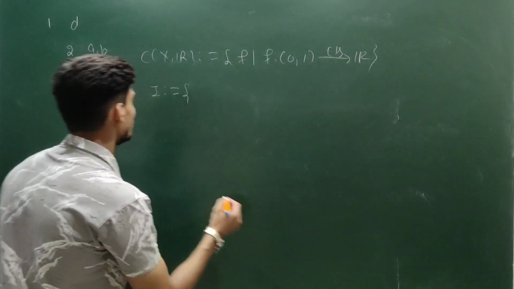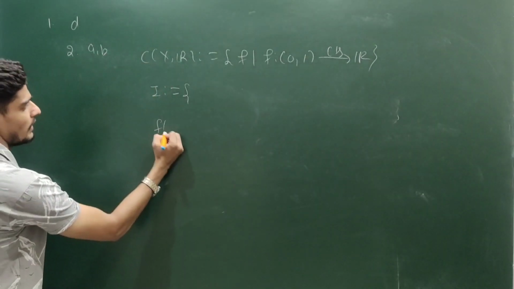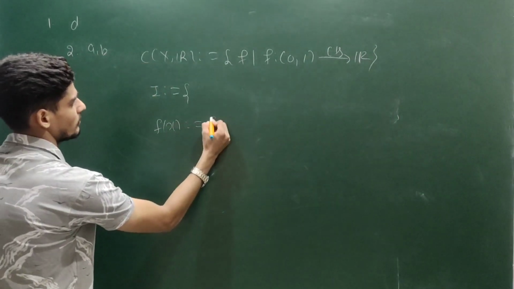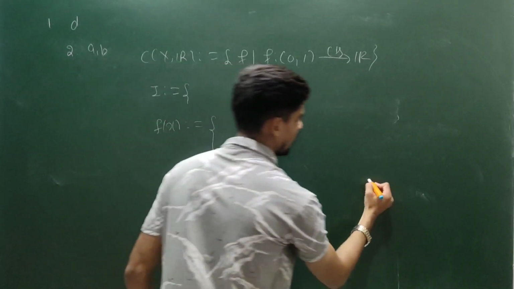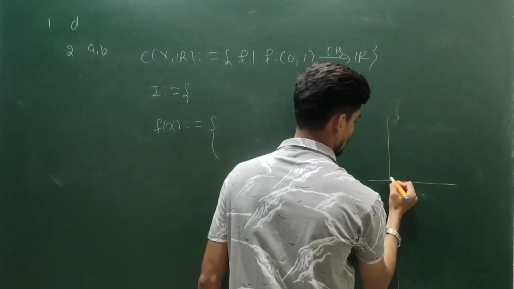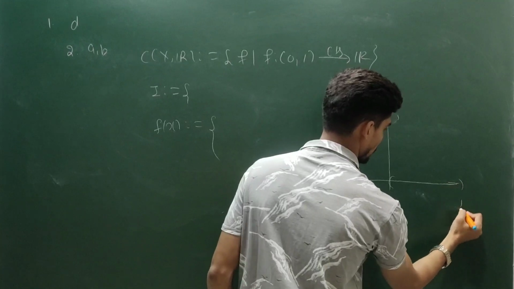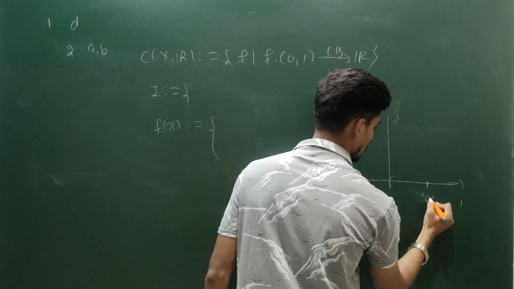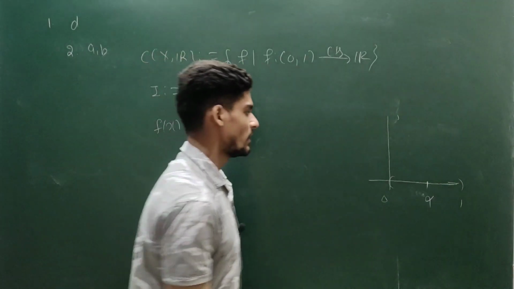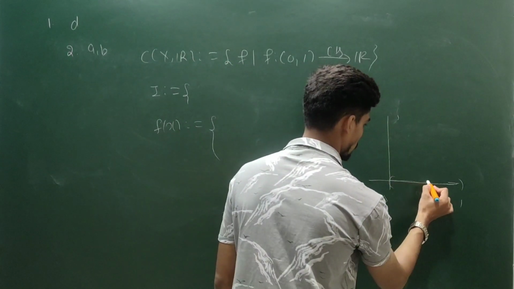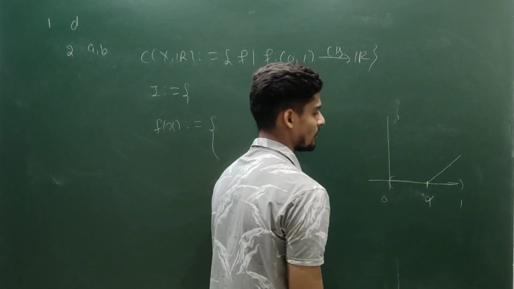If I define this, say f(x), so I am defining it in this way. This is open 0, open 1. Fix any alpha inside open (0,1). Take the straight line from 0 to alpha, then x minus alpha.